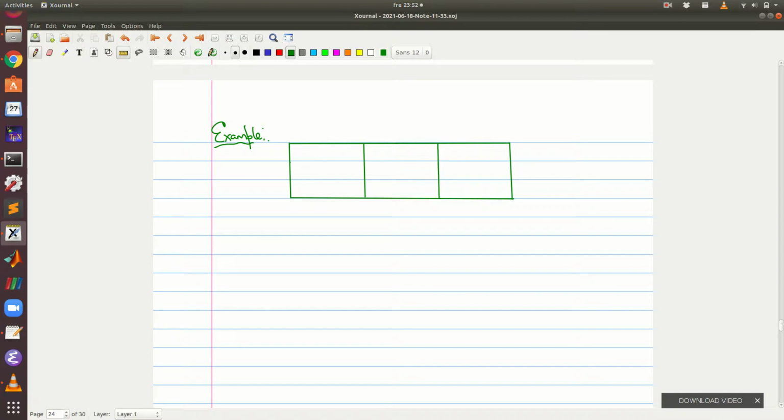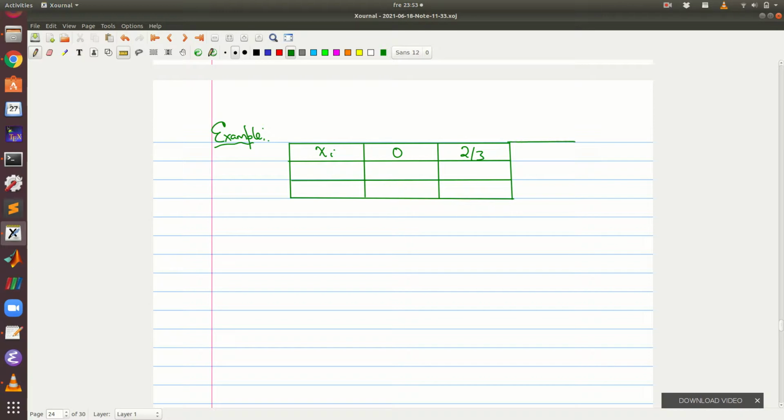We would like to use the information given to us in the following table. We have the values of x: in this column we have 0, 2/3, and 1.